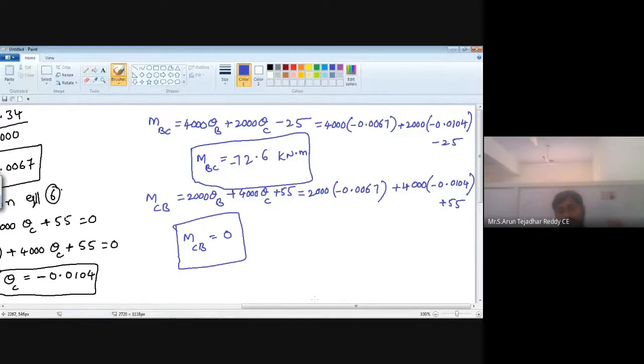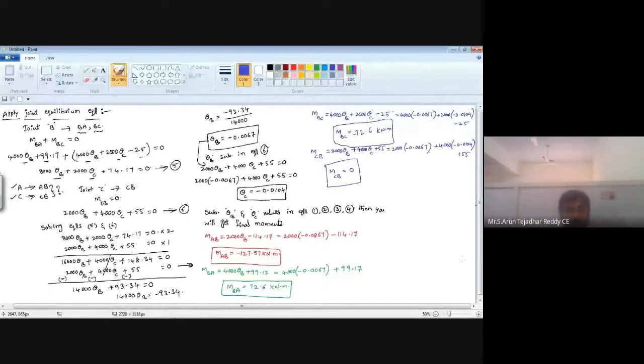These are the final moments. Finding the final moments is very easy. Once you know the theta B and theta C values, you can substitute them in the first four equations. Then you will get your final moments.